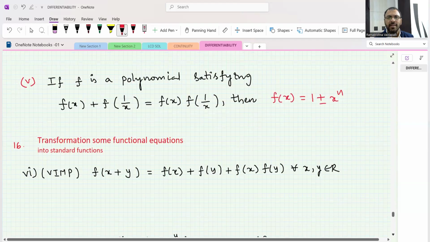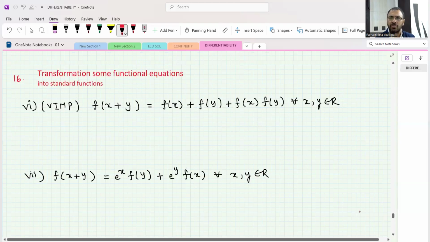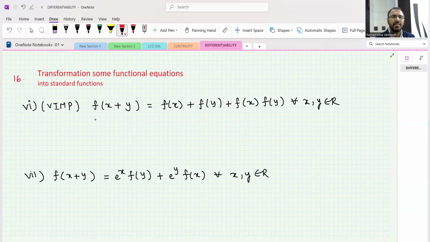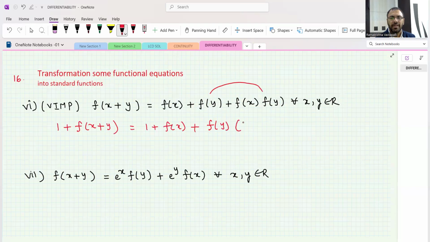Now there are certain kinds of functions which can be transformed to standard functions. This is very, very important. f of x plus y is equal to f of x plus f of y plus f of x into f of y. You just add 1 on both sides. Then you will get 1 plus f of x, plus, take f of y common, into 1 plus f of x.